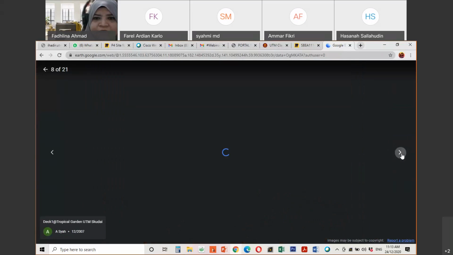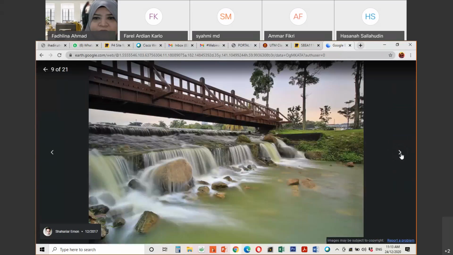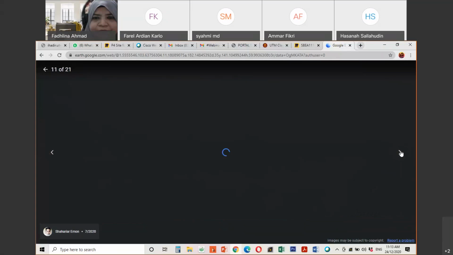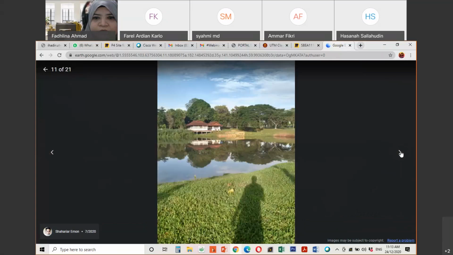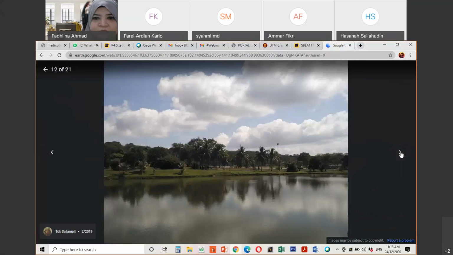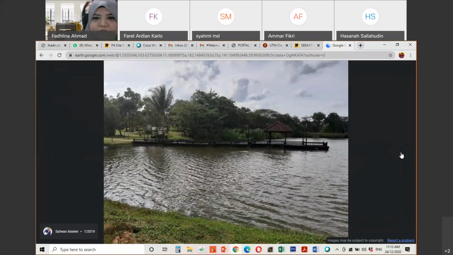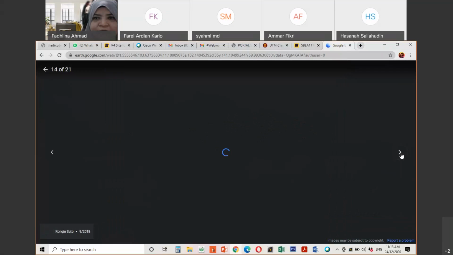Okay, so those views, okay. Dan ni yang the small stream tu, the small stream or the small waterfall next to your site. Okay, this is the site. Okay, this is the jetty.